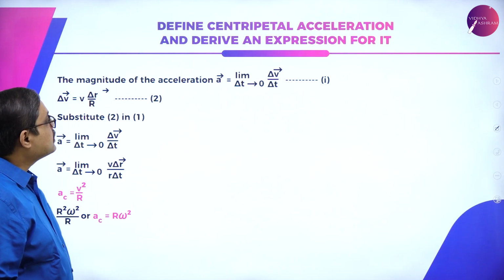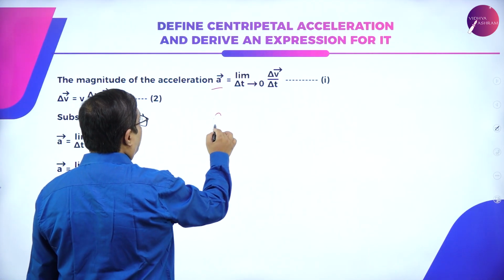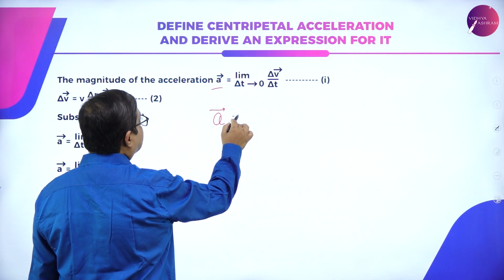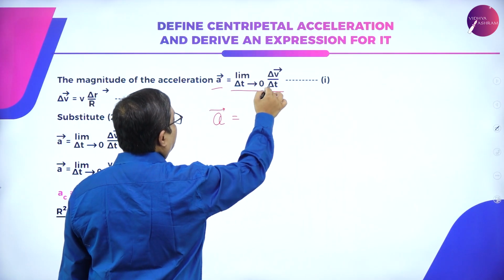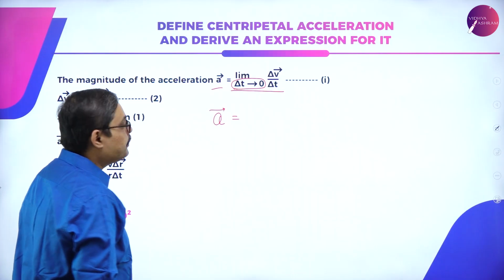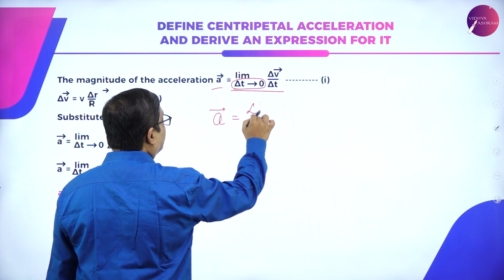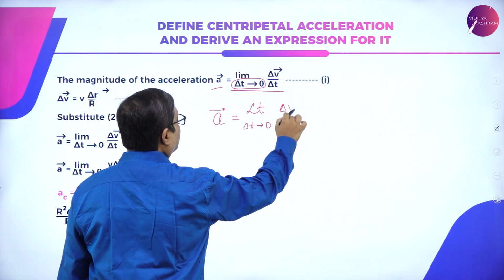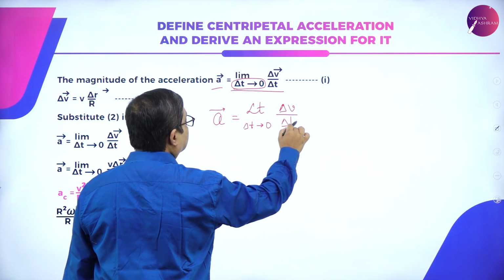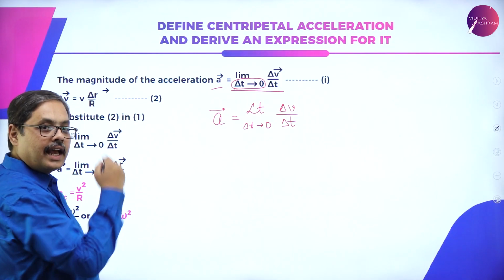Let us resolve it further. The magnitude of acceleration at any point of time shall be given by the limit of delta V by delta T as delta T tends to 0. The rate of change of velocity with respect to time will give me acceleration.